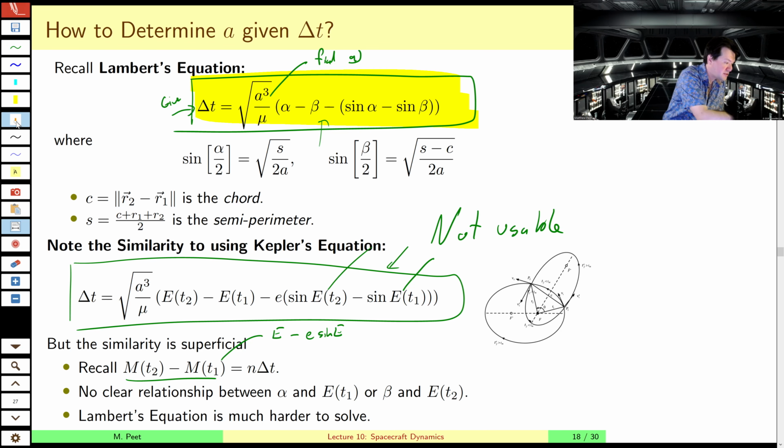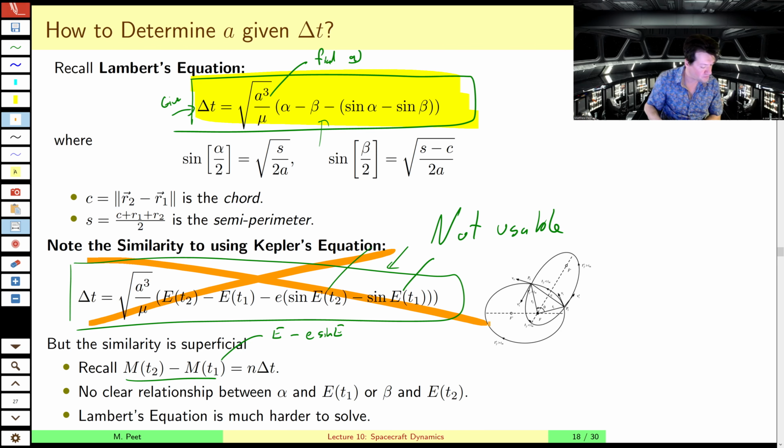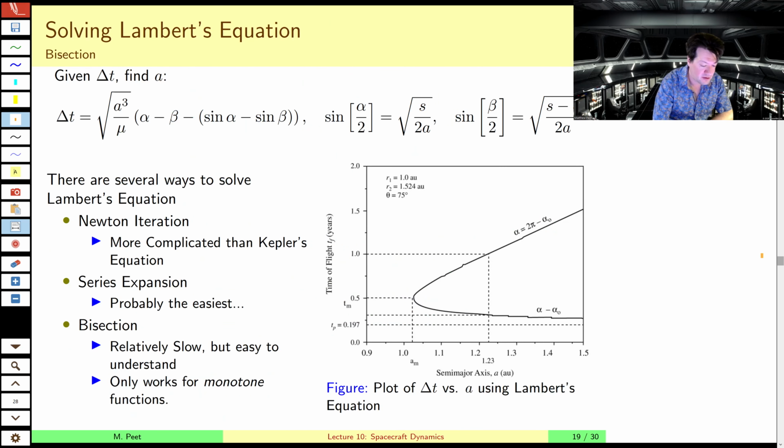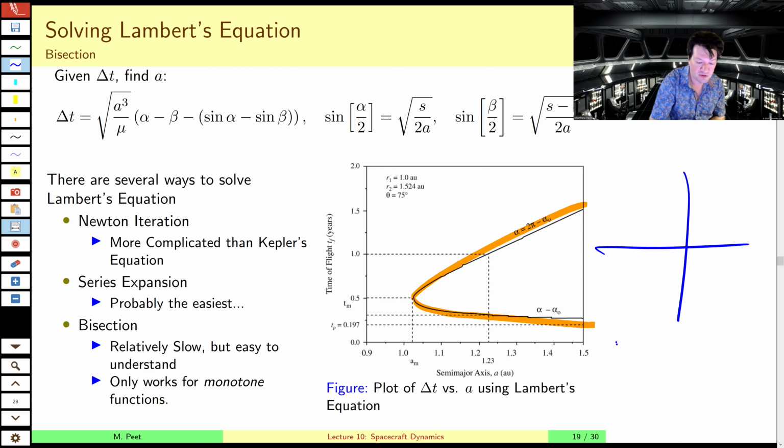So again, while Kepler's equation was relatively easy to solve, Lambert's equation is much harder. For the reasons we gave before, in particular, it's not very well behaved. It has two arcs, where it's behaving differently on both arcs. It's not monotonic. If you remember what Kepler's equation looked like, that is monotonic.